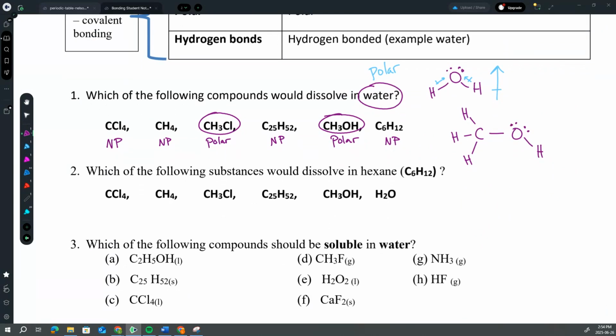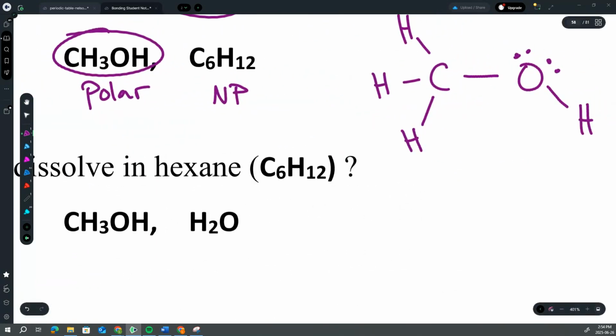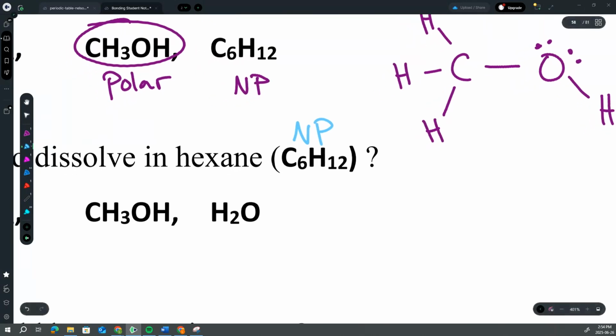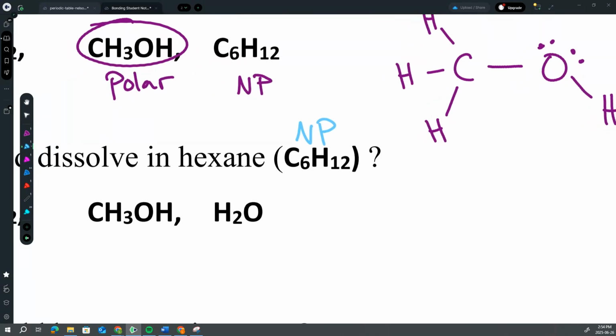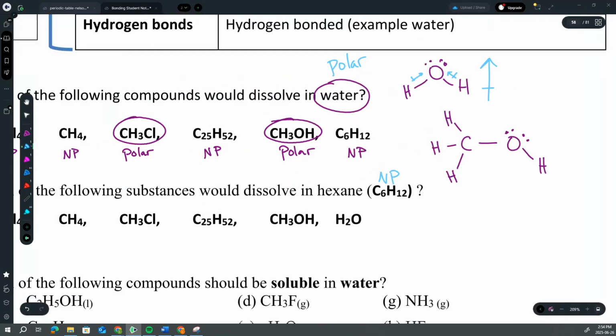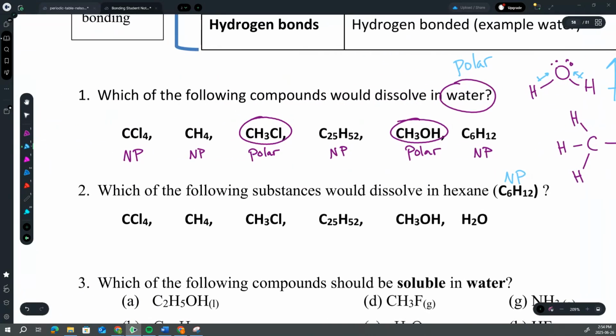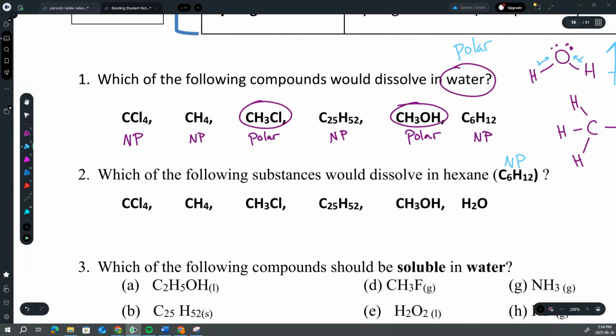Now, the second question asks which of these following substances would dissolve in hexane. Hexane is carbon with only one other thing. That means this is going to be nonpolar. So we're looking for other things that are nonpolar that will dissolve in hexane. Looks like we have all the same substances with the exception being water over here, but water we know is polar.